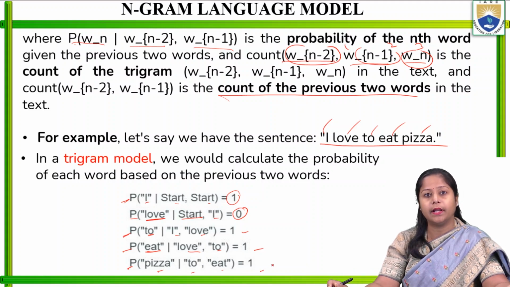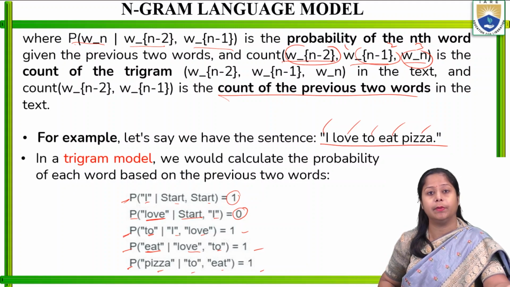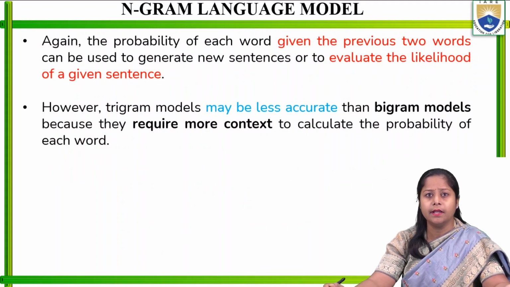So likewise, if we apply the trigram model, we can identify the likelihood, or we can say the probability. The probability of each word given the previous 2 words can be used to generate new sentences and to evaluate the likelihood of a given sentence.